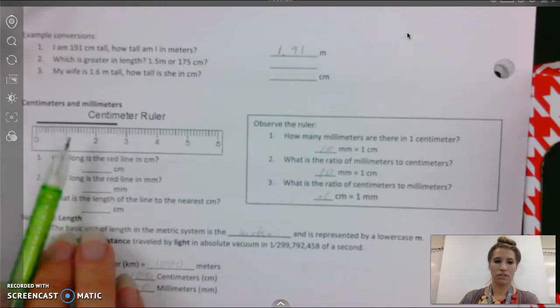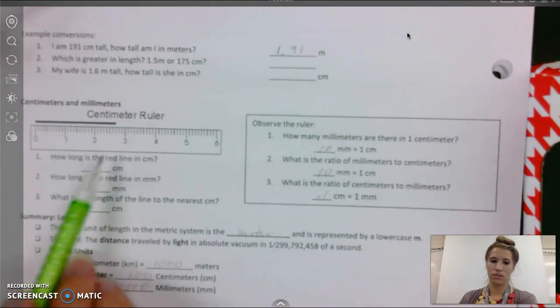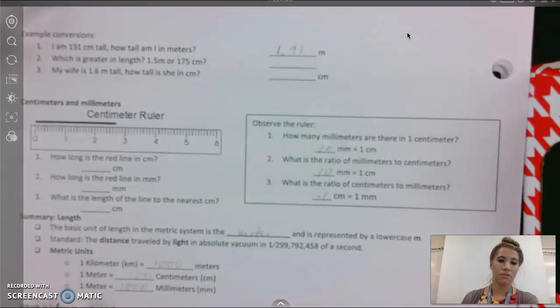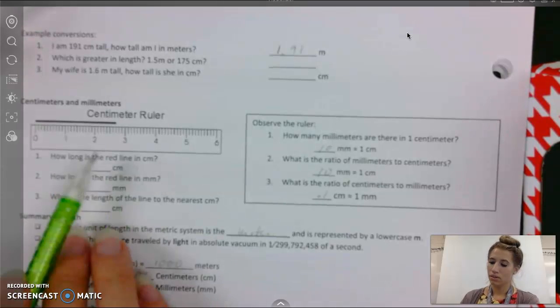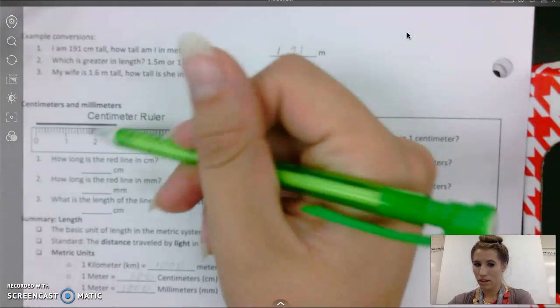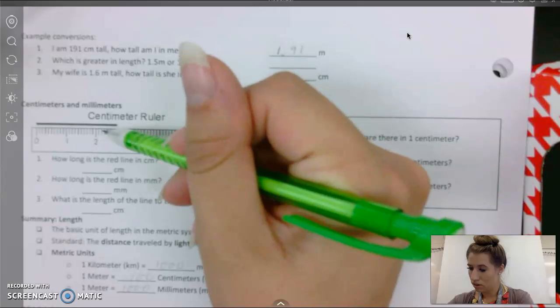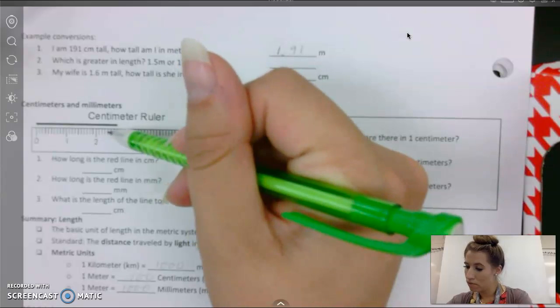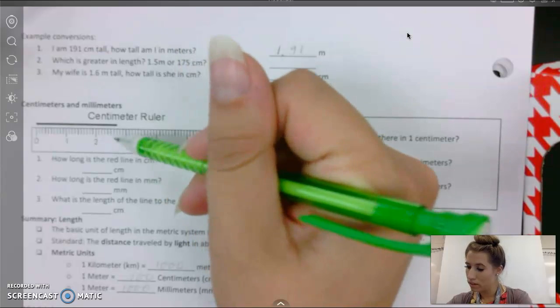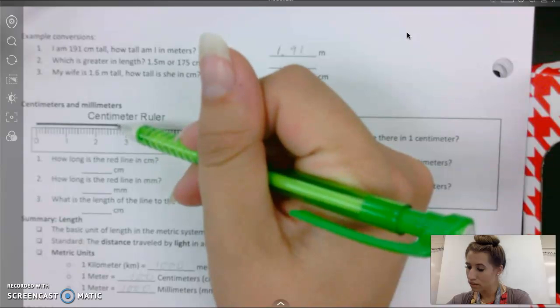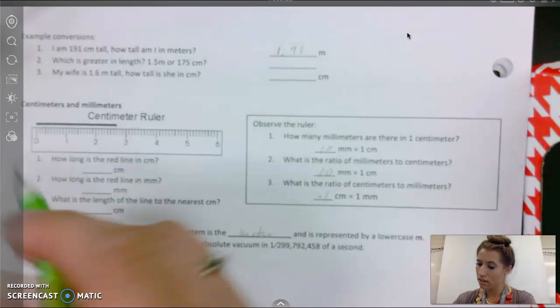Now let's look at this line that we have using our centimeter ruler. How long is the red line in centimeters? Well, we have 2, and then 0.1, 2, 3, 4, 5, 6, 7, almost 8.